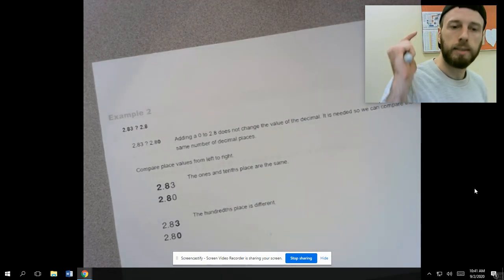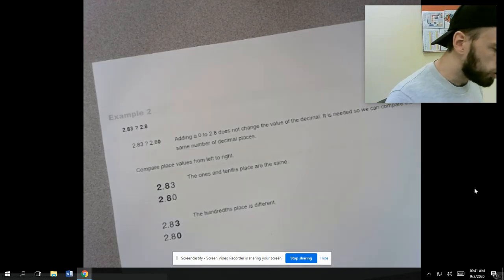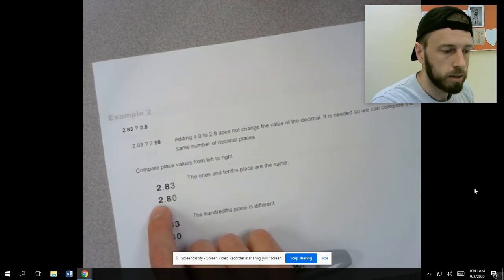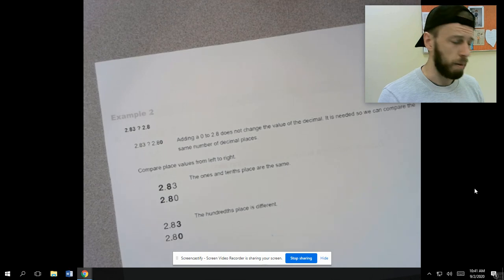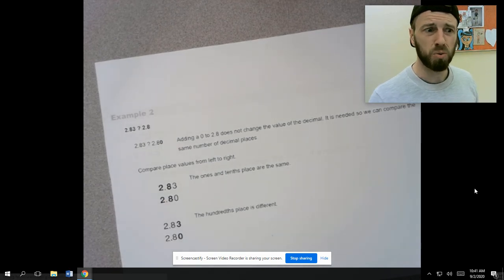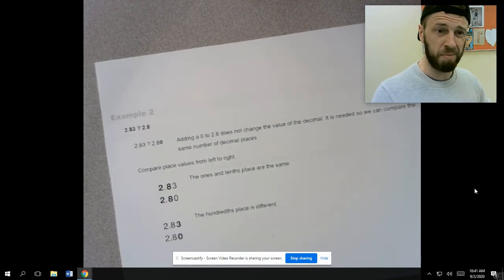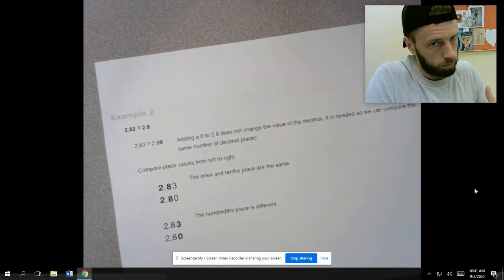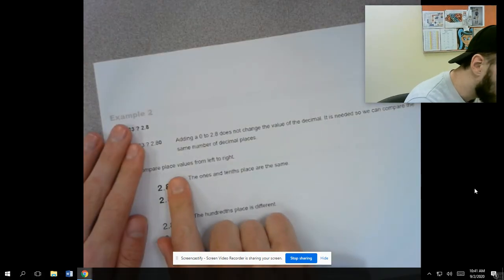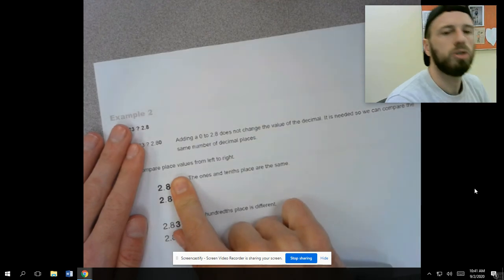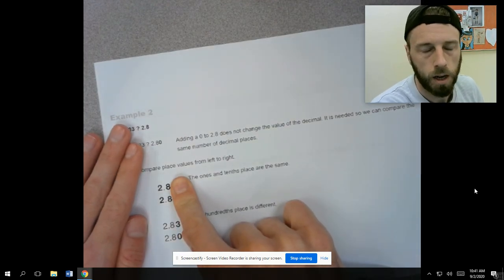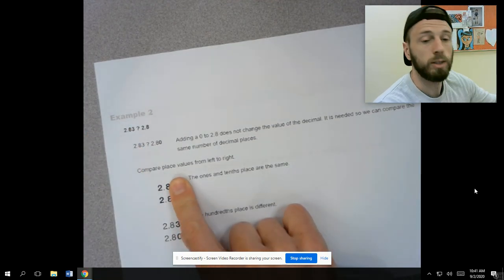So what do we do? Same thing as the last problem. We start with the ones place, but we can't figure out anything because they're both a 2. So they're the same? Not quite, because they have decimals. So we move over and there are 2 8s. Again, we can't compare.